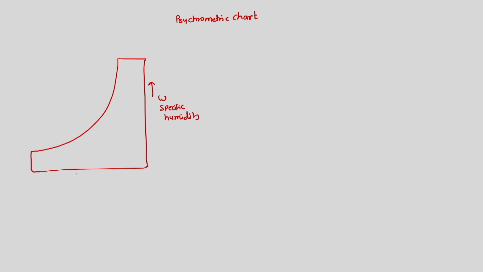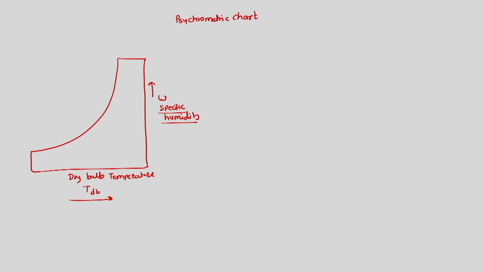So this is specific humidity, this is dry bulb temperature, T dry bulb. Like our PV chart, like our TS chart, this is also a chart of omega versus T dry bulb, but this is a little unusual.